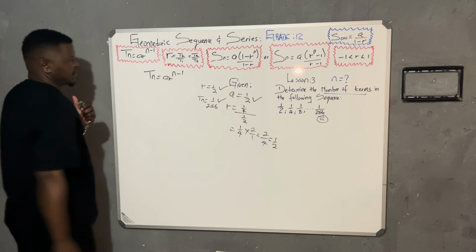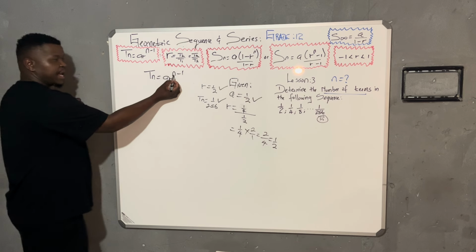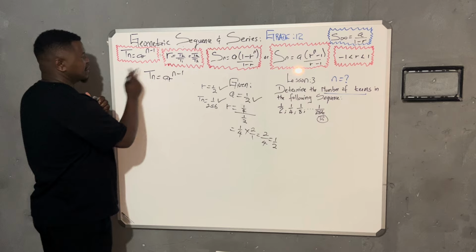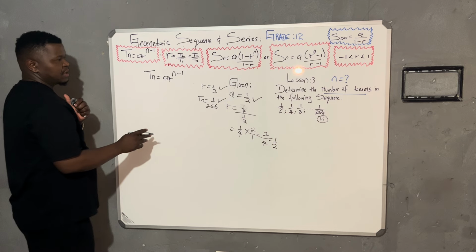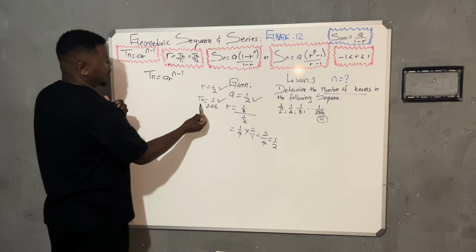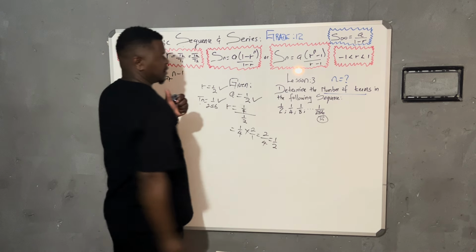Remember, the formula has 4 things here: n, a, r, and Tn. So obviously, I have 3 of them, a, r, Tn. What's missing is n. Hence, they are asking for n.